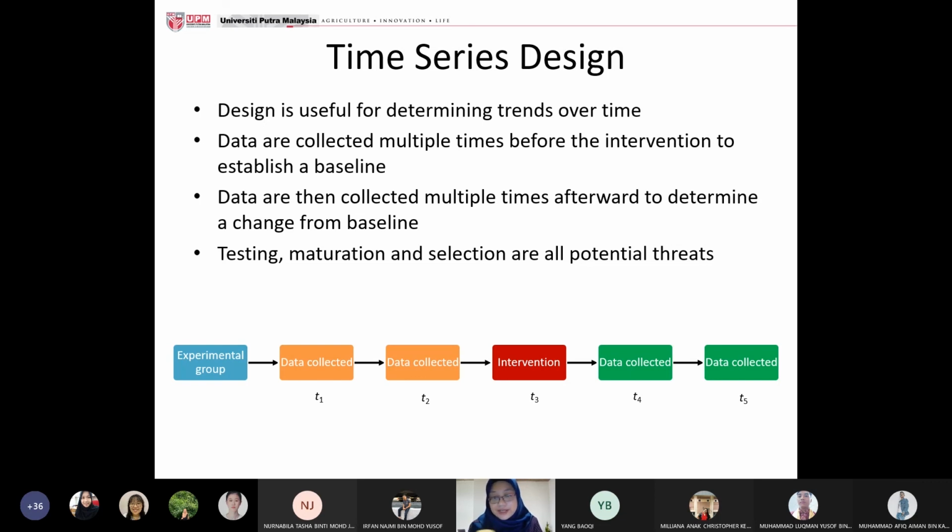You can see they are already mature in a way because they already know what is going to be asked. And you can imagine when eventually they do the last time, they might not even read anymore. They just think, okay, I remember last time I did this. So that's the threat to this sort of design, because remember the experimental group must be the same group of people. You're not going to do this with different people. So that's the threat there.